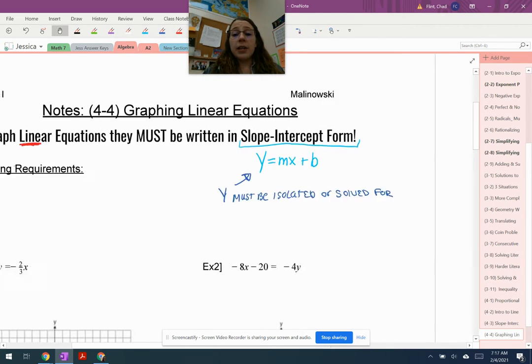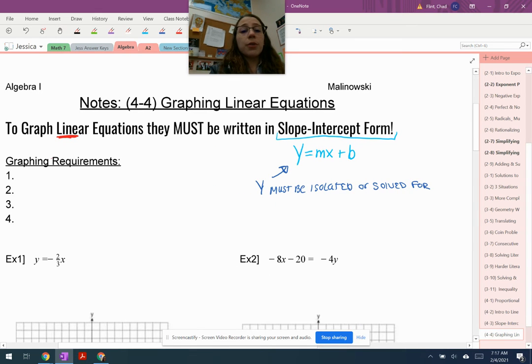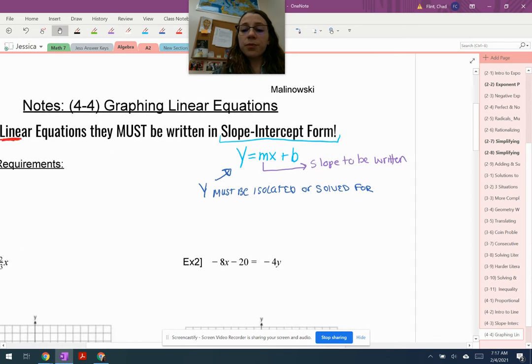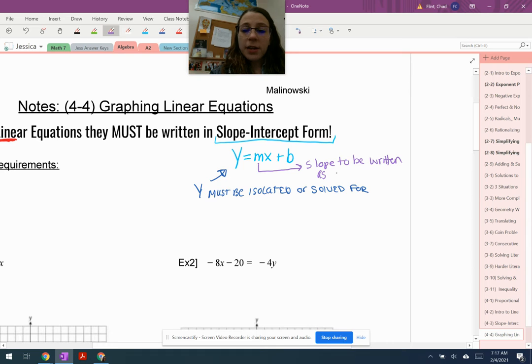So keeping that in mind. Also remembering that when you are dealing with your linear equations, you want your m, or your slope, to be written as fractions.